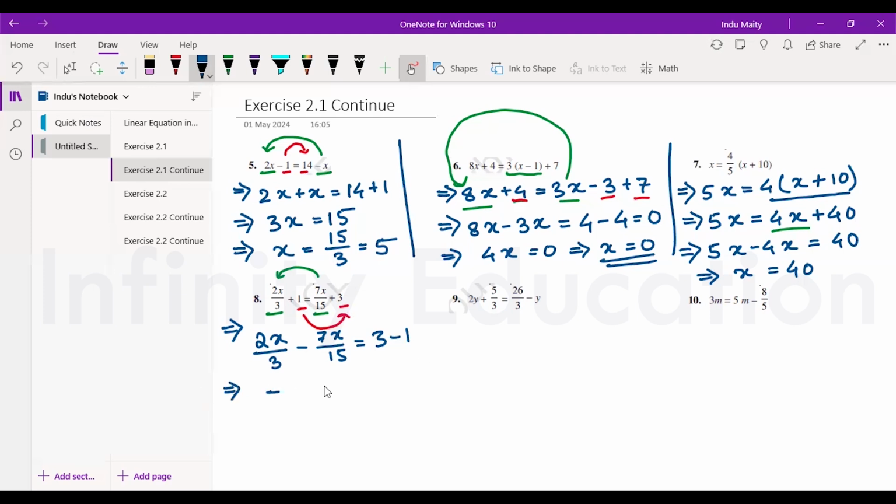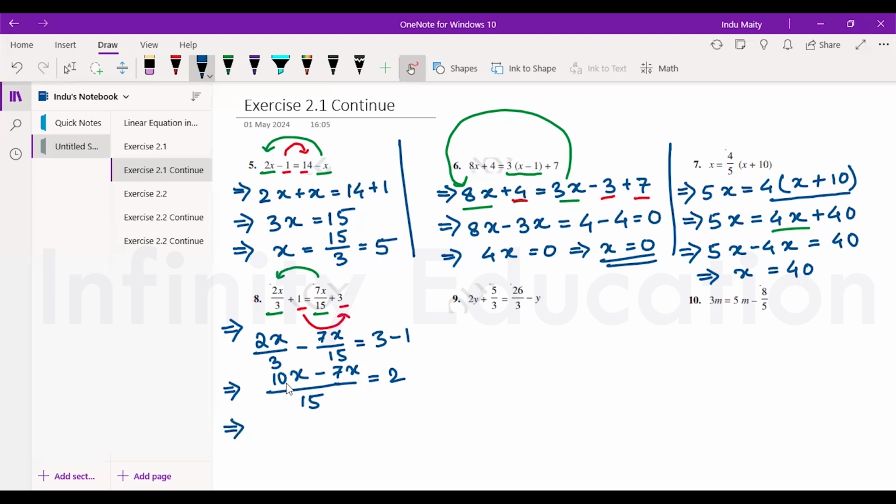Now, on the next line, the LCM for 3 and 15 is 15. So 15 by 3 is 5, and 5 into 2 is 10. So 10x minus 7x is equal to 2. Now this 15 is divided on the left side, so if we want to take it to the right side, it will be multiplied.